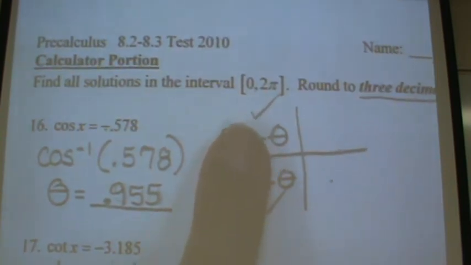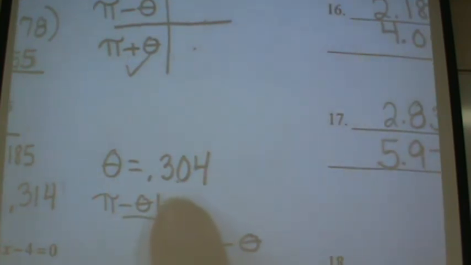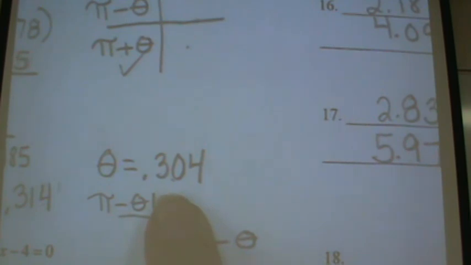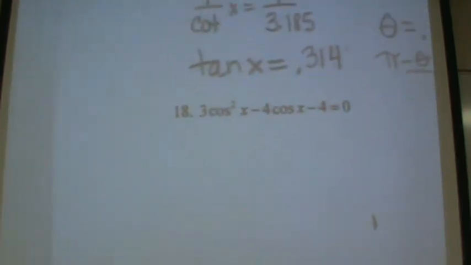My question is, I want the answer from 0 to 2 pi. I didn't say go backwards. So for those of you that have negative 0.304, the answer's wrong. Technically it's right, but it's wrong, according to what I'm asking you. So be careful.